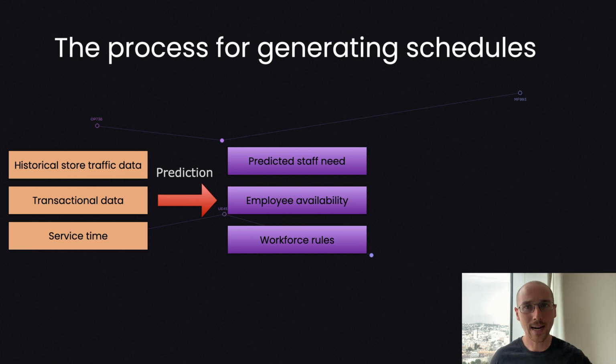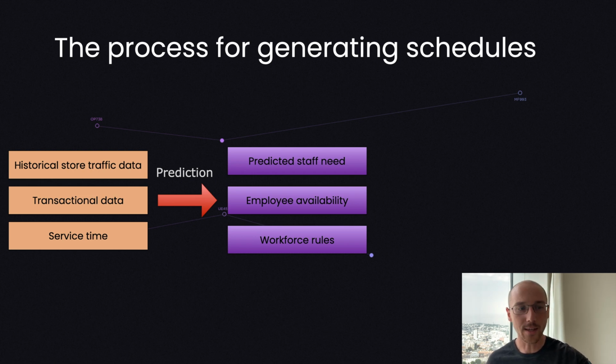And then we combine these predictions with information about how many employees there are, what their restrictions are, what their availability is, when they have vacations, doctor appointments, stuff like that, and also with rules about how employee schedules should be constructed. So maybe rules that when somebody is working one day, the next day there has to be a gap between the end and start of his shift, or the maximal duration of a working shift.